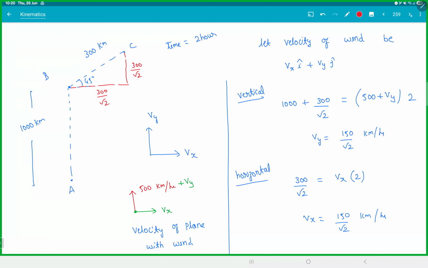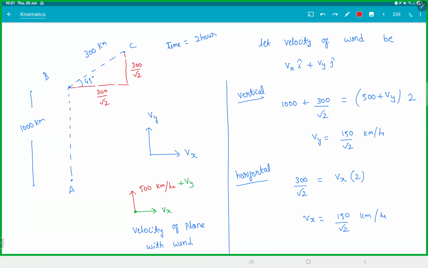Is this making sense, everyone? So the plane is flying straight with 500. Your wind is pushing straight with Vy and horizontally with Vx. So net you traveled 1,000 plus 300 by root 2 in the vertical direction, and horizontally you traveled 300 by root 2. Is this making sense? So this is what a wind does. It pushes the plane. It gives an additional speed in the direction of the wind.